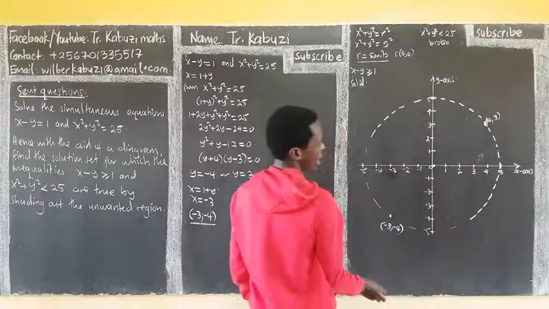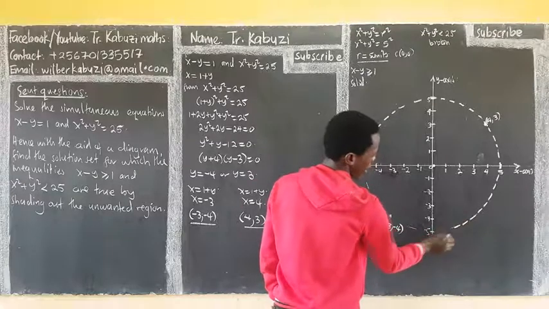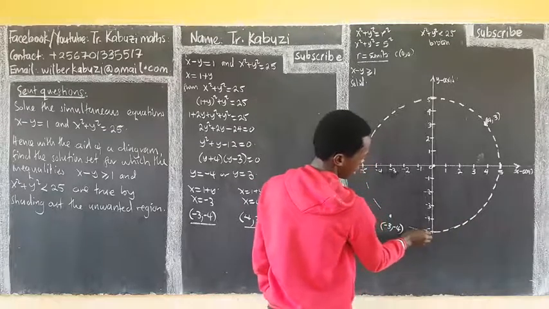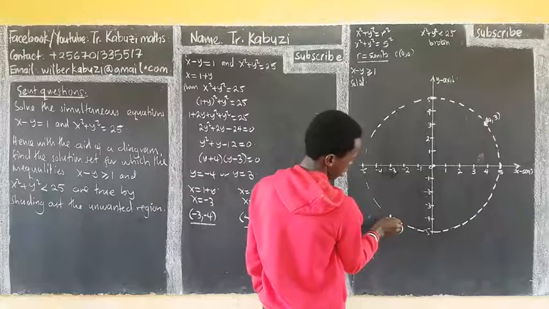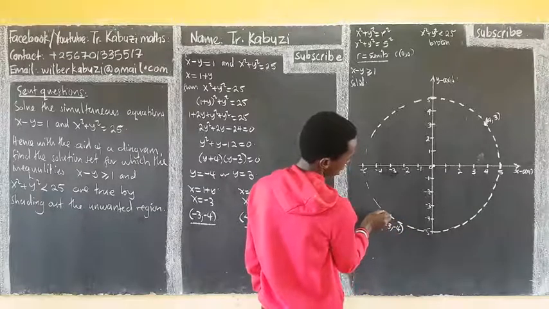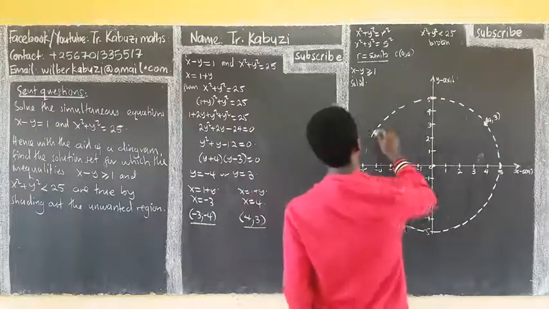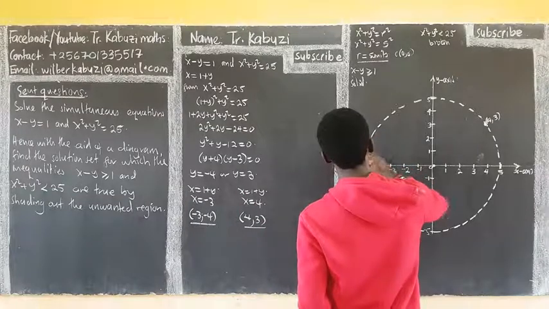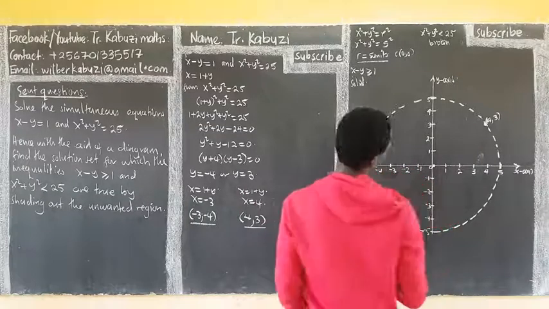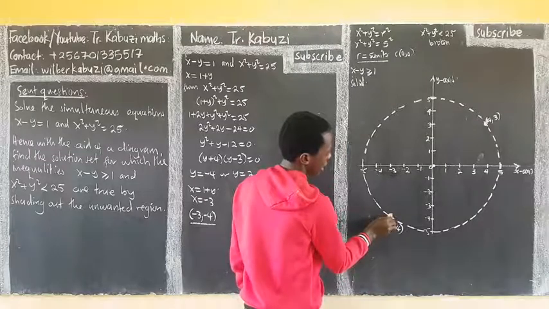So that is the circle I'm drawing. I think you see it's passing through there, then it completes there like that. So that's the radius. It has a radius of 5 units.